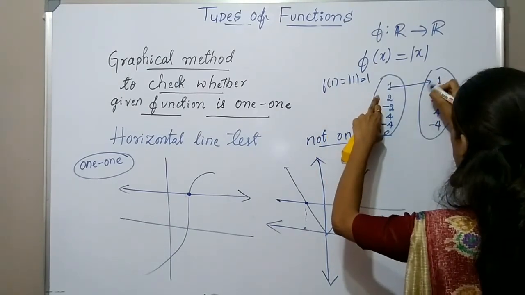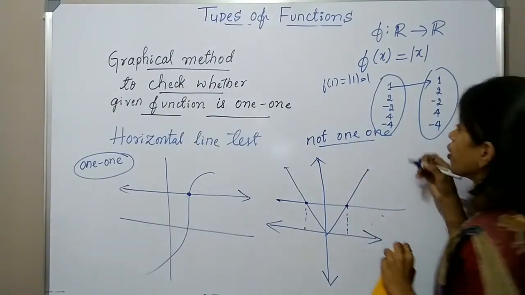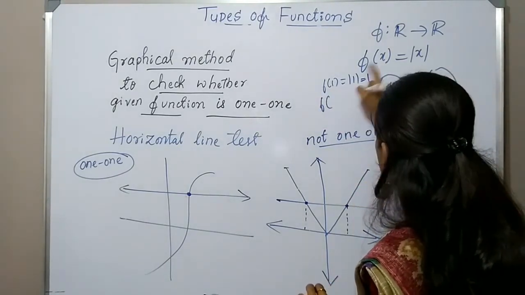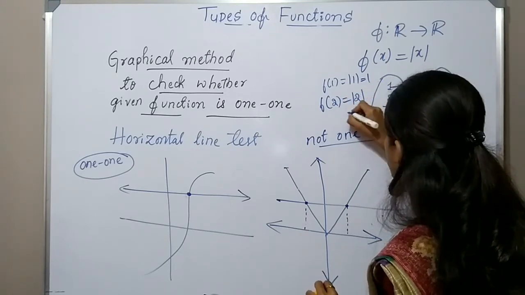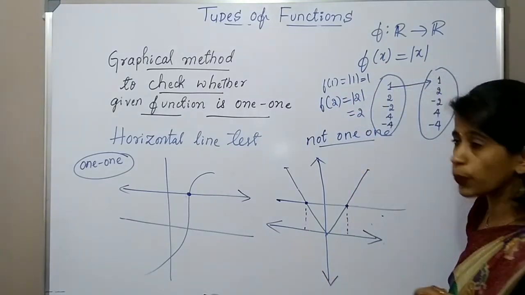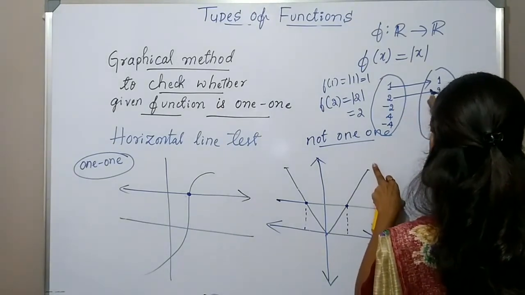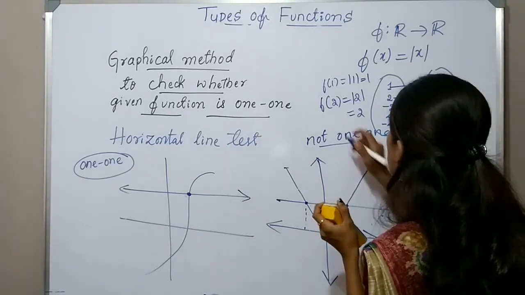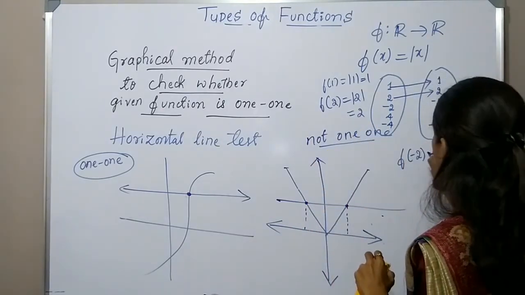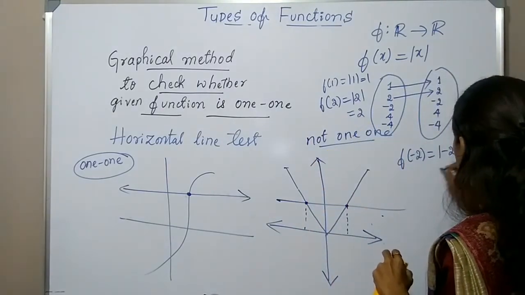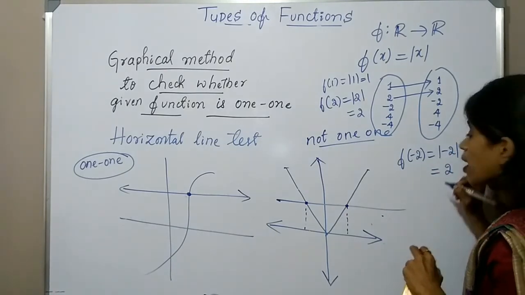So 1 maps to 1. Is it okay? If I take 2 in place of x, f of 2 is modulus of 2, which is 2. So 2 maps to 2. If I take minus 2 in place of x, f of minus 2 is mod of minus 2. So modulus of minus 2 is plus 2.